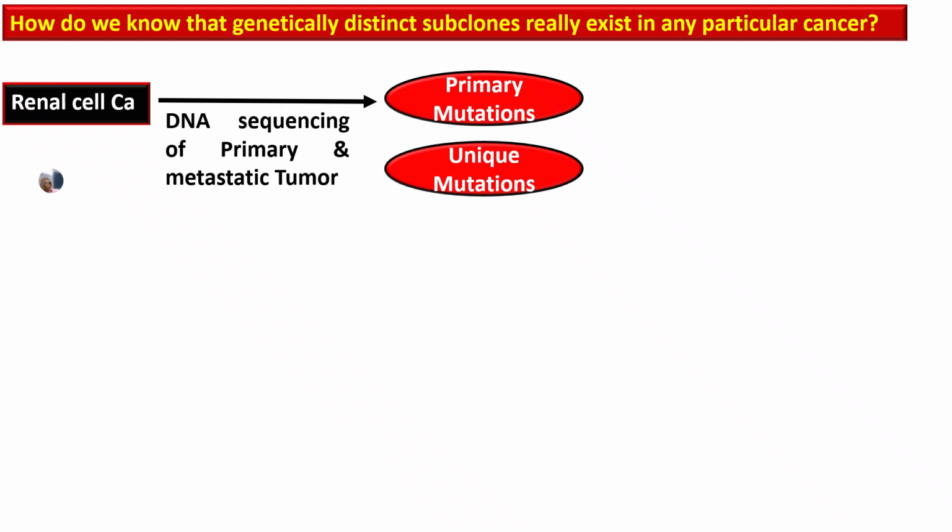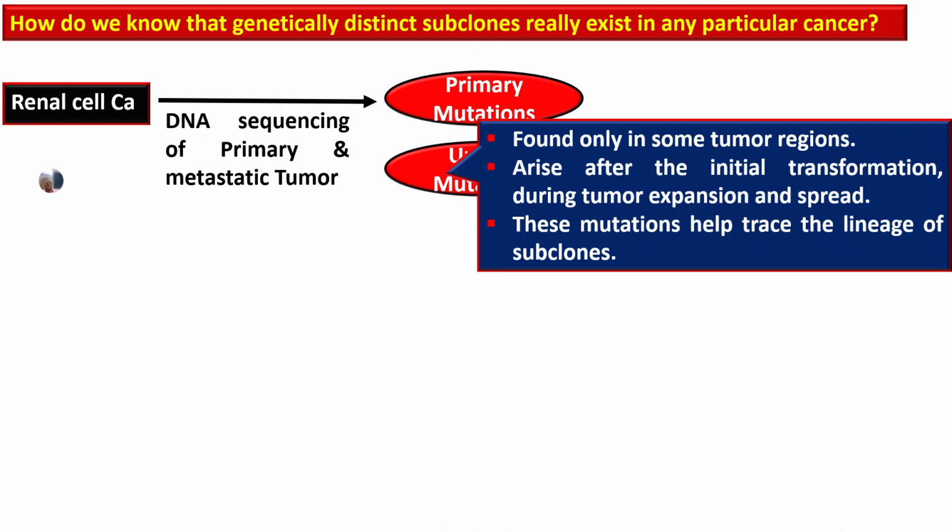The cancer family trees are developed by using these mutations, or these mutations form species trees in evolutionary biology, and Darwin's Galapagos finches analogy is applicable to this tumor evolution.